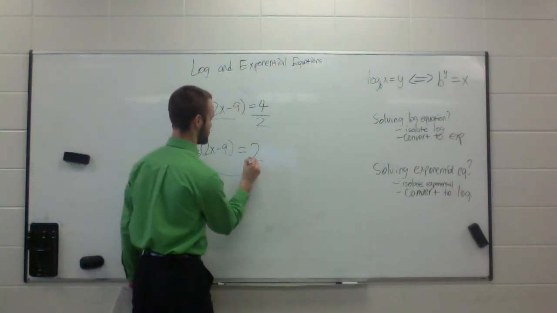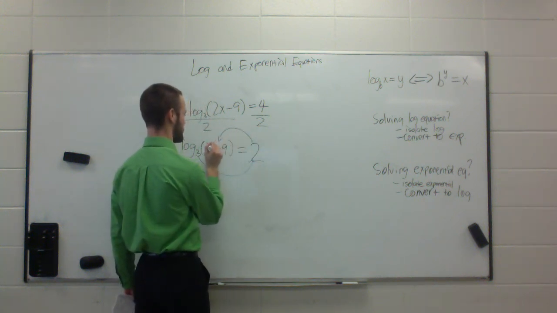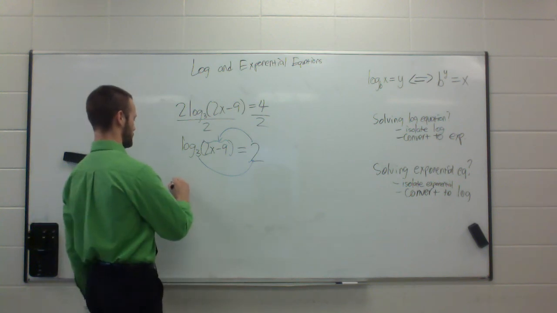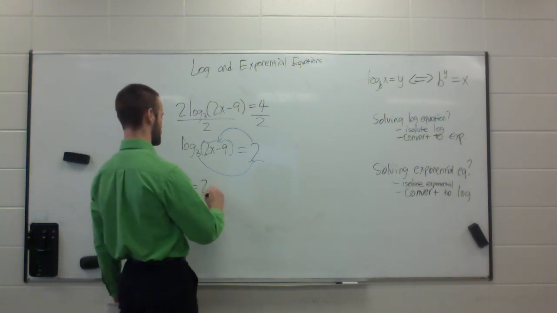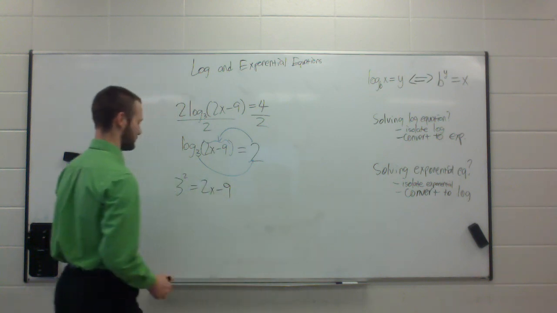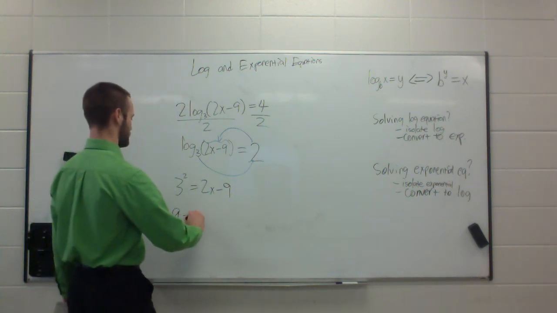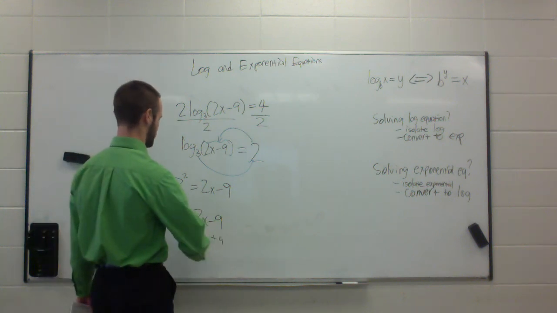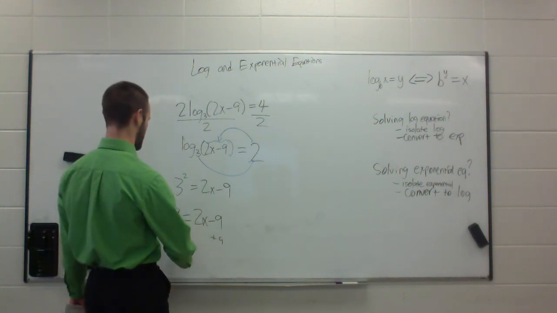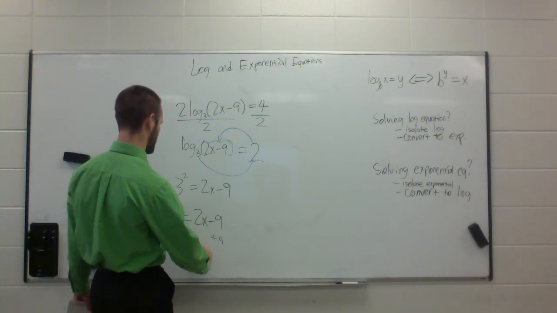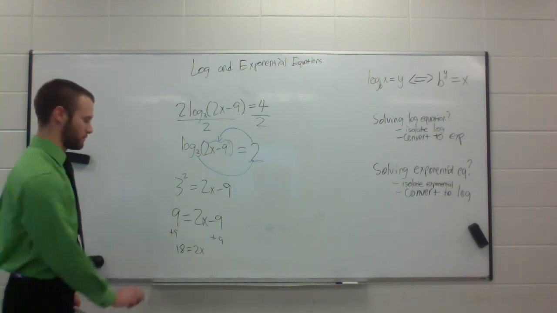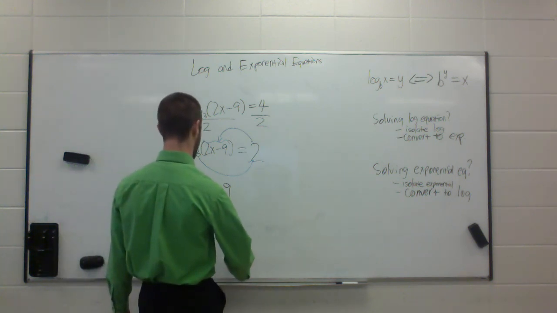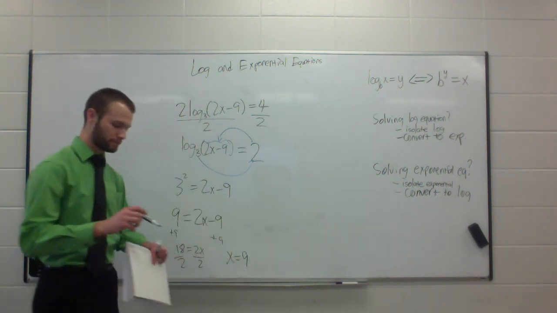So 3 to the power of 2 is going to equal all of this. So 3 squared equals 2x minus 9. 3 squared is 9, of course. Minus 9. Add 9. So 18 equals 2x. Divide by 2. And x equals 9. Right?